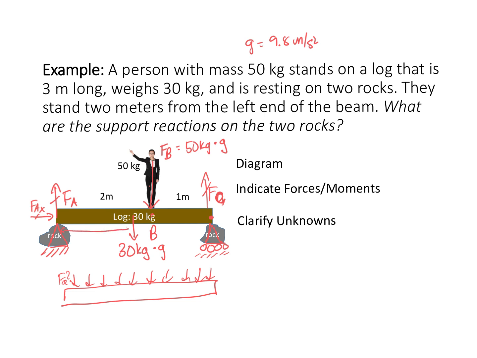And we now have these additional distances of 1.5 meters that we can draw in here because it's at that midpoint due to symmetry. So I have drawn there my diagram right over the old one, and then we'll go on to the next one to start. And I've indicated forces and moments. And I guess the last step here is to clarify the unknowns, and you can do this any way you want.